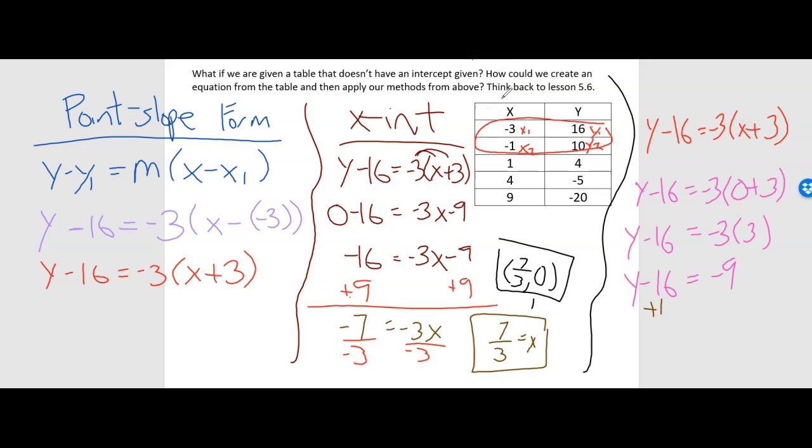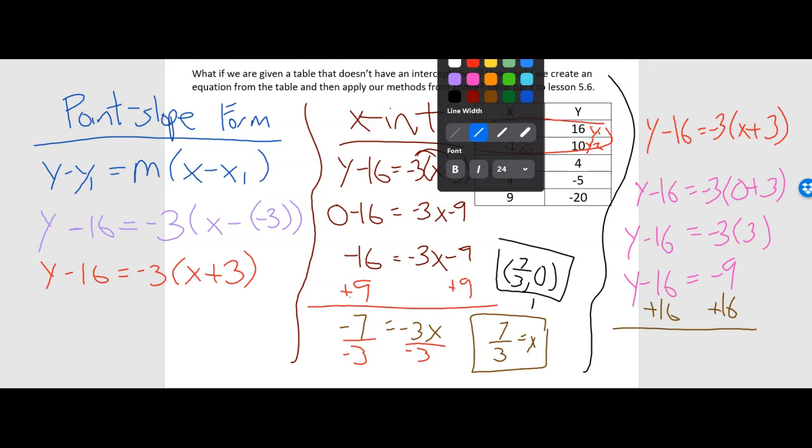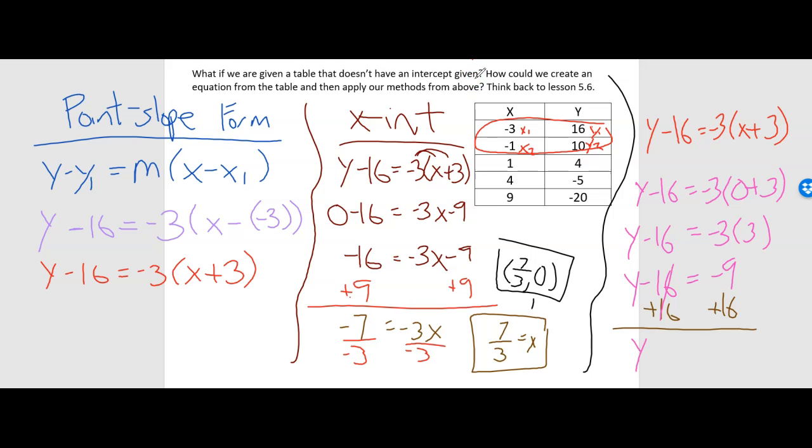And if I add 16 to both sides, that is going to give me y is equal to positive 7. So that's my y-intercept, and my point would be (0, 7). The only extra steps we had to do in this problem were coming up with our actual equation. Once we did that, we could then employ the process that we used on the questions from above.